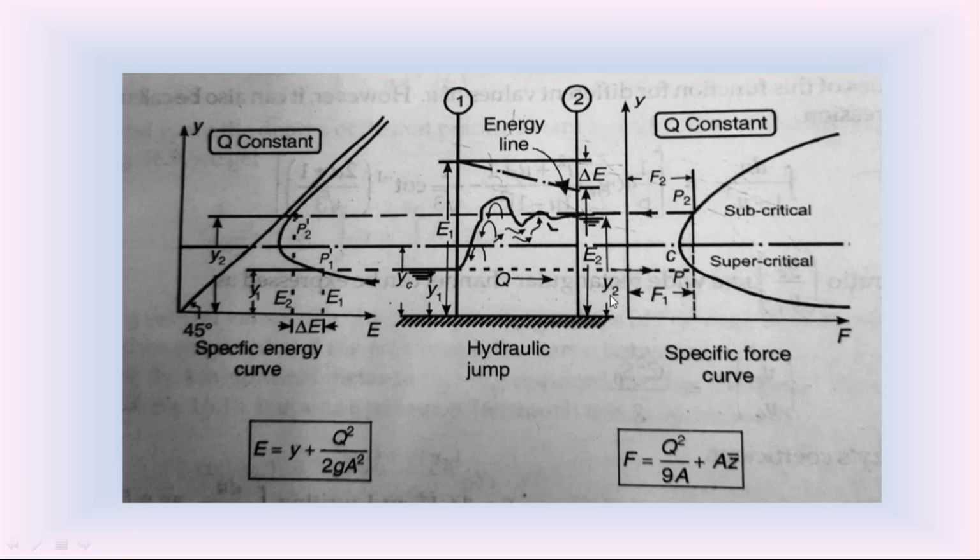Just now I explained, in this hydraulic jump, the specific force F1 is equal to F2. F1 is the specific force at section 1 when the depth of flow is y1. F2 is the specific force at section 2 when the depth of flow is y2. At both sections, the hydraulic jump has the same specific force. F1 is equal to F2, that you can check here.